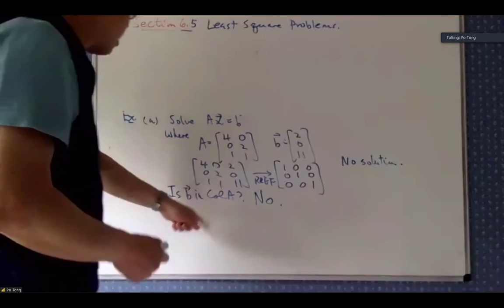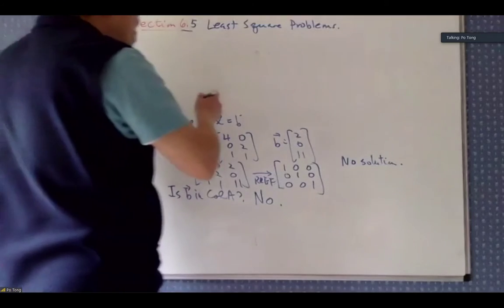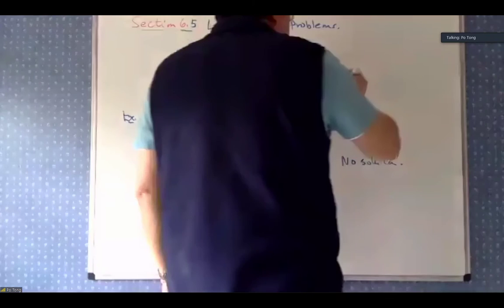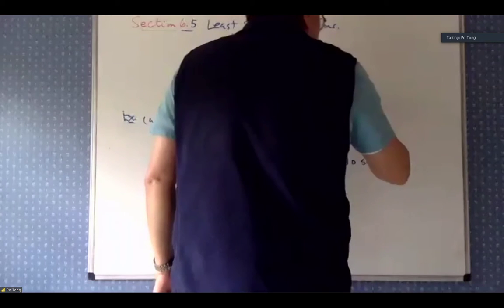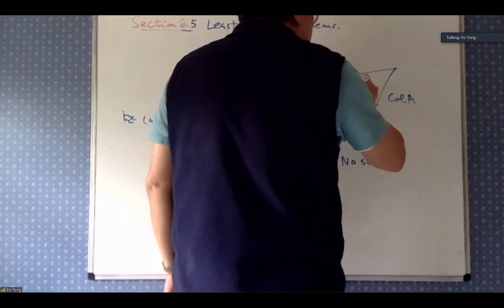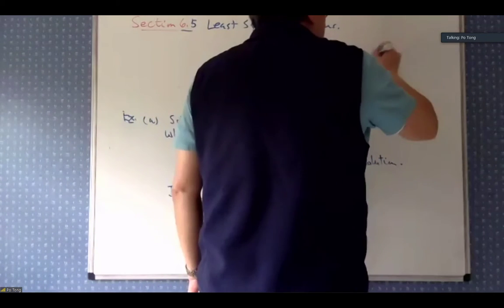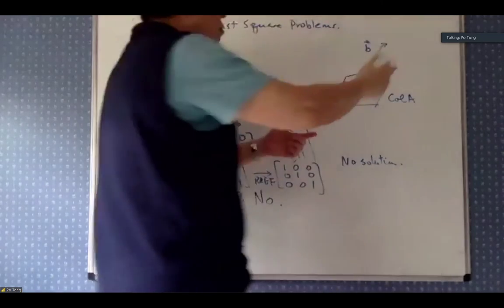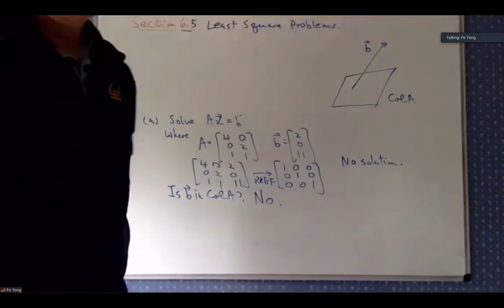B is not in the column space of A, but we can do the following. So this is the column space of A, and this is my B. Now B is not there.